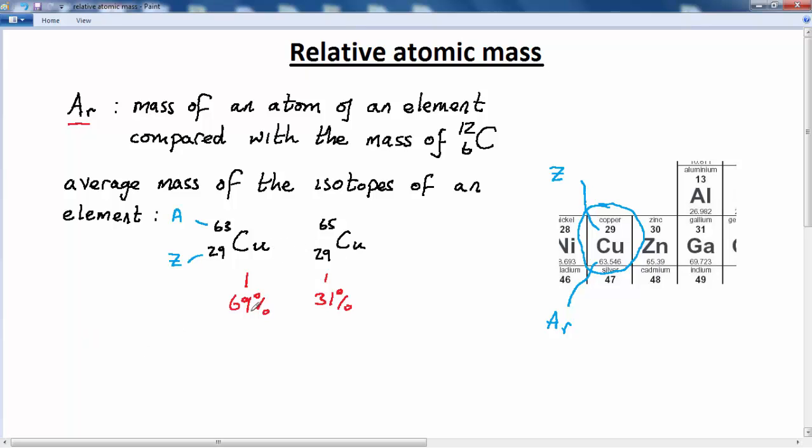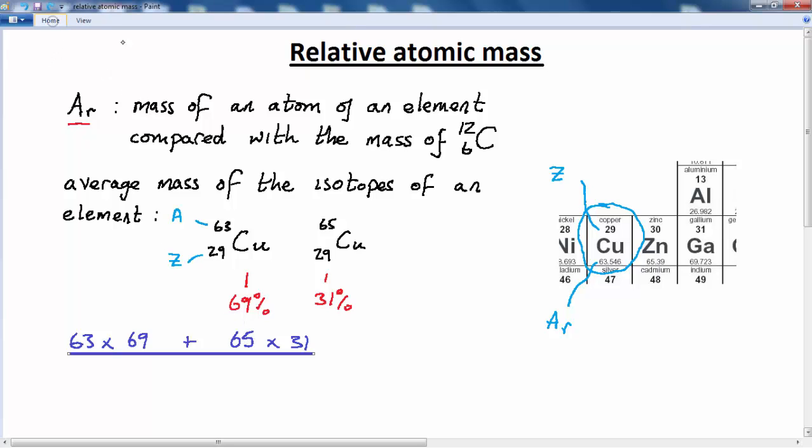So let's say we have a sample of 100 atoms of copper which exactly reflect these proportions. To calculate the average, you would take 63 multiplied by 69. 69 of the atoms will have an atomic mass number of 63, while 31 of the atoms will have an atomic mass number of 65.